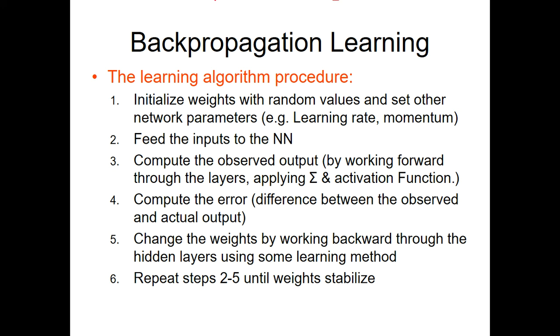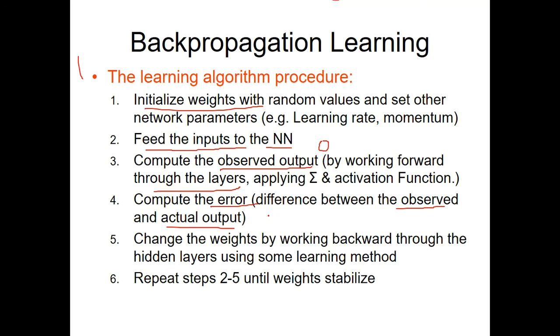So first we need to initialize the weights of the network, feed the input one sample at a time to the neural network, and compute the observed output O through the layers, means for every neuron and every layer. Coming to the output layer, we have to compute the error, that is difference between observed and actual output.